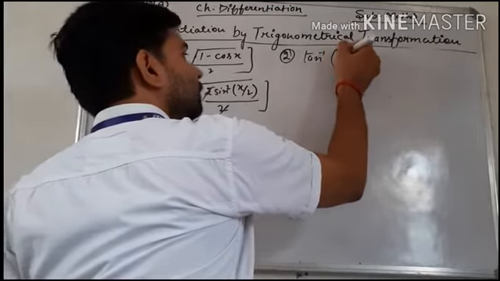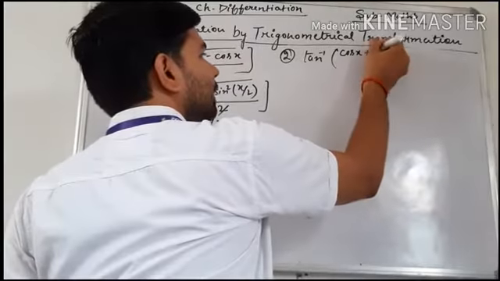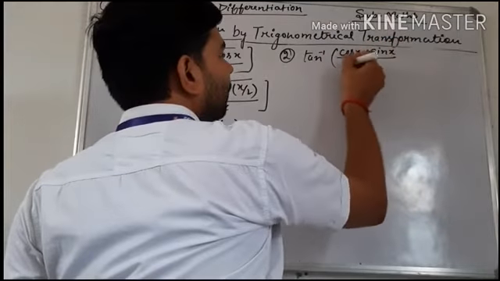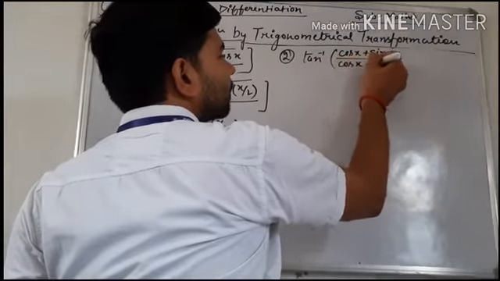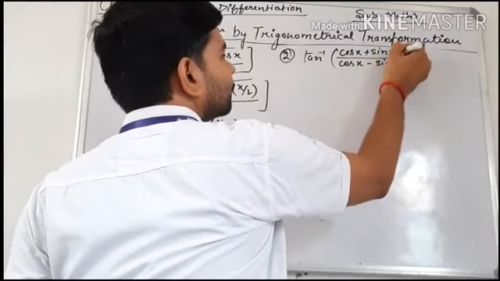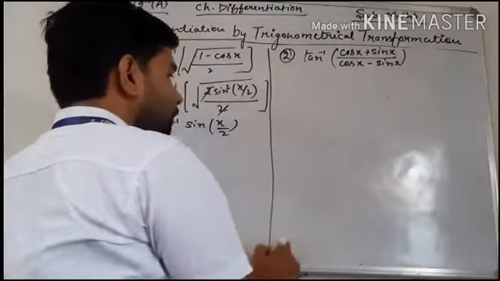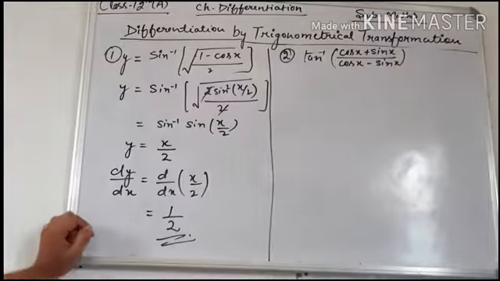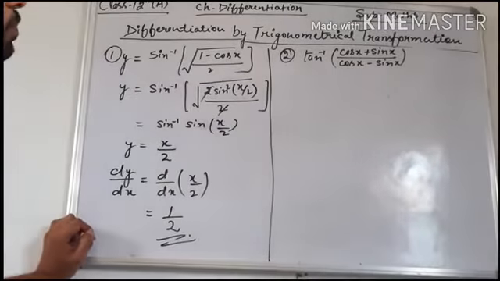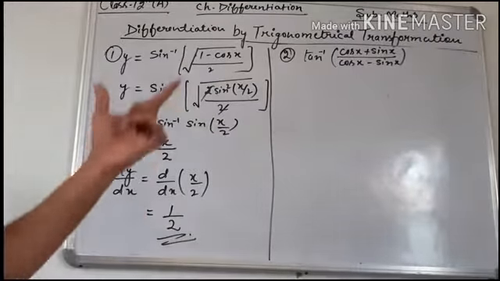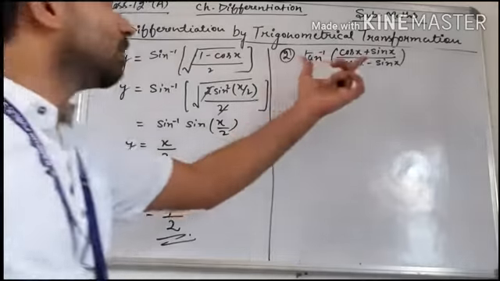Tan inverse cos x plus sin x upon cos x minus sin x. Now we have to differentiate this function. What can we do to make it simple?